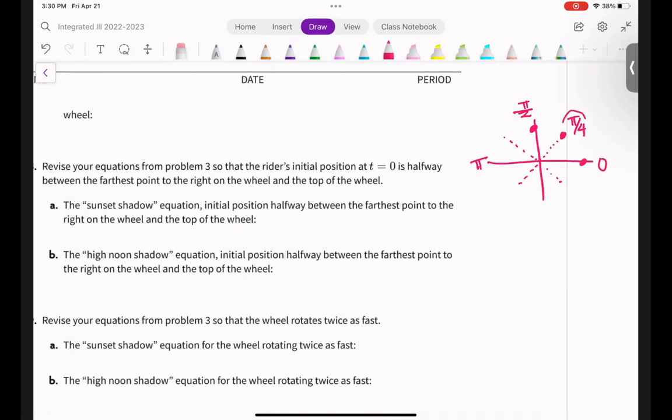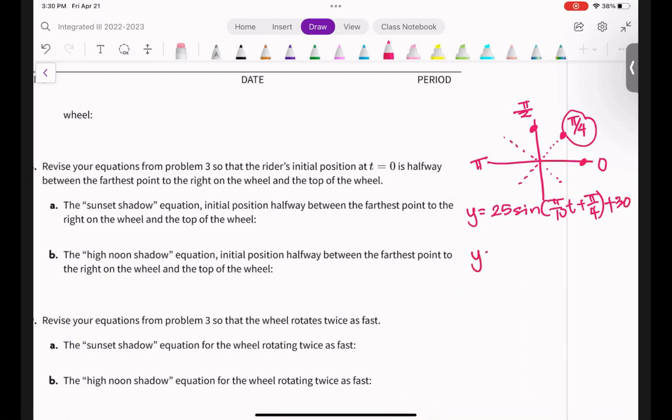So how does this now affect the equation? Go ahead and write out your whole equation. Okay, so now I'm going to write the equation. It's y equals 25 sine of pi over 10 t plus pi over 4, plus 30.